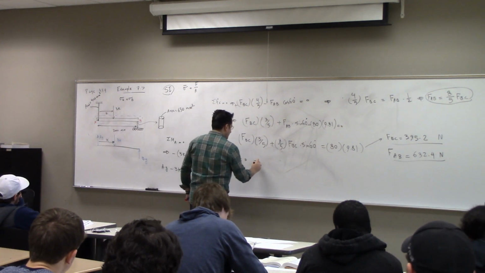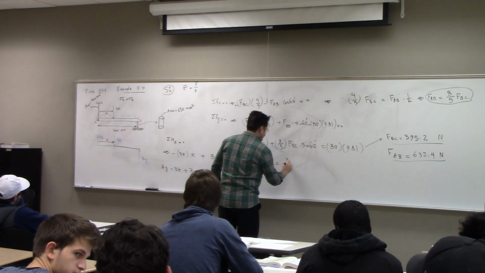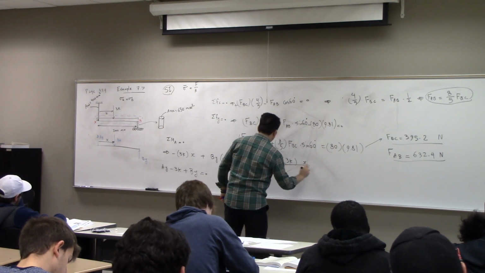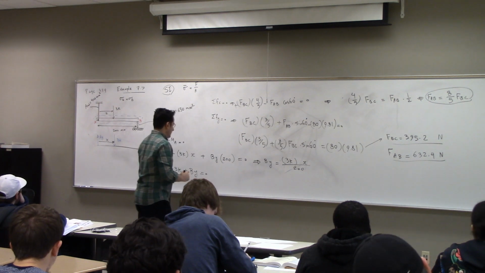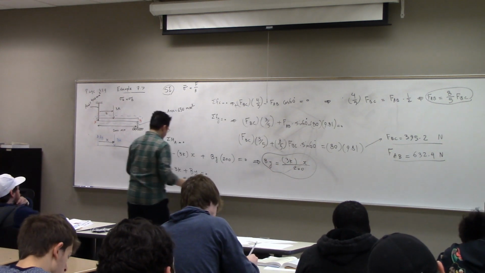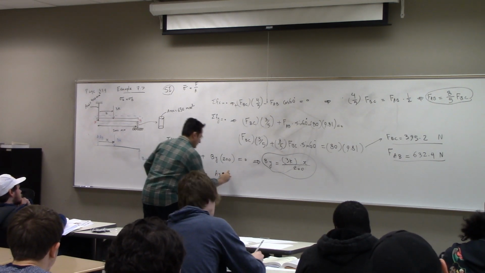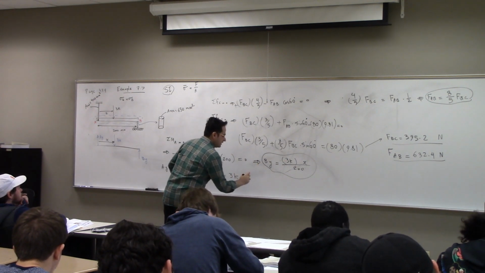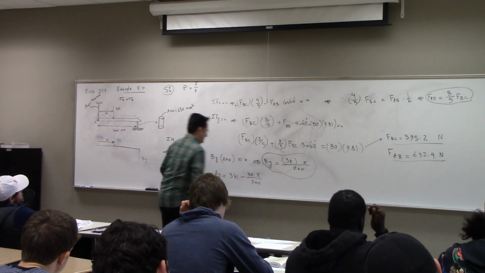So By is 3K times X divided by 200. And then you can put it here. Ay is equal to 3K negative By, which is 3K X over 200.